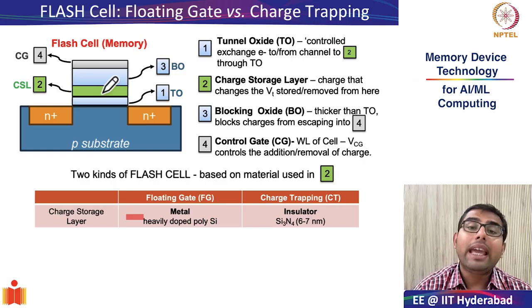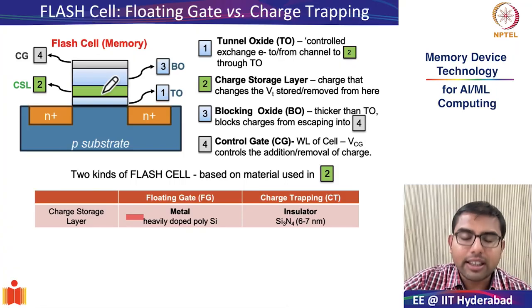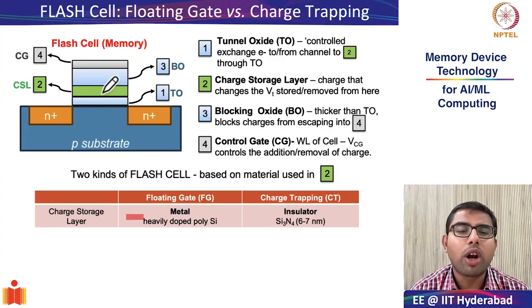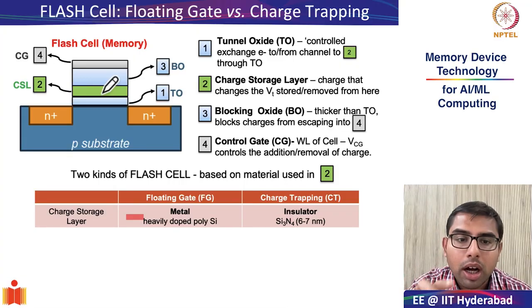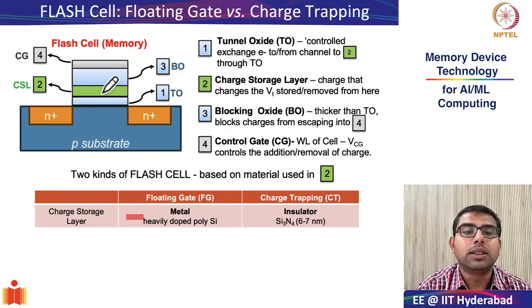As you may know, even in previous generations of transistors, the gate metal was not actually a metal, which is the case in new generations of transistors, but a heavily doped polysilicon. And due to different reasons, which we will not get into, they are eventually changed into aluminum or some kind of different metal. But for floating gate transistors, the charge storage layer is generally heavily doped polysilicon.